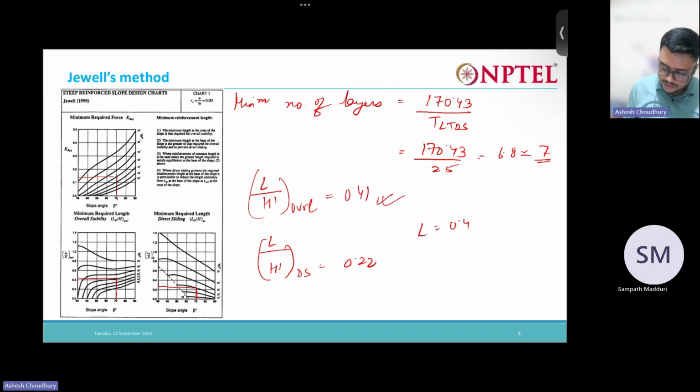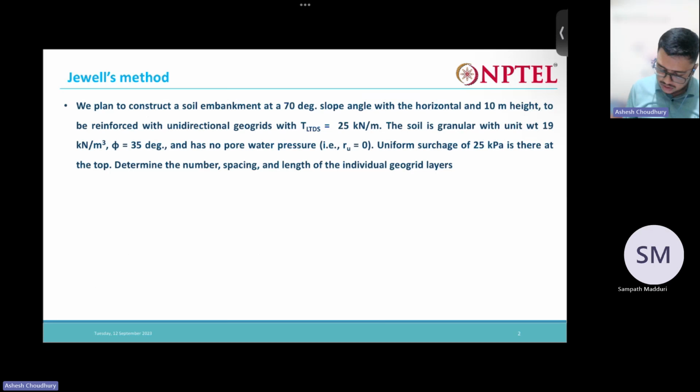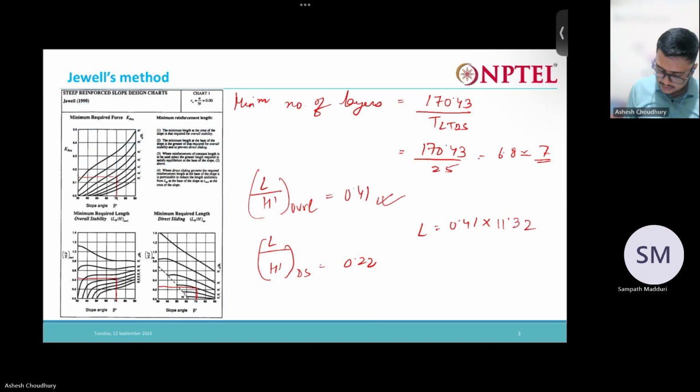Length will be 0.41 into H dash, which is 11.32. So 0.41 into 11.32 is 4.64 meters. This is the length of reinforcement that we need to provide.